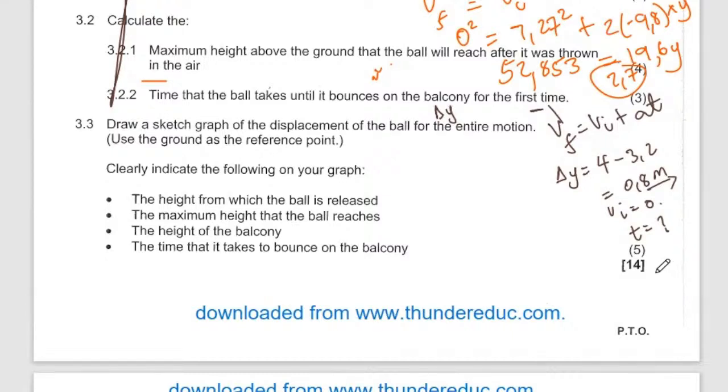So the displacement: delta y is equal to V initial t plus a half a t squared. It would be 0.8, and the first term is going to die out to be just 0. This is a half times 9.8 times t squared, taking the 9.8 to be positive, since now it's the second journey that is dropping down.